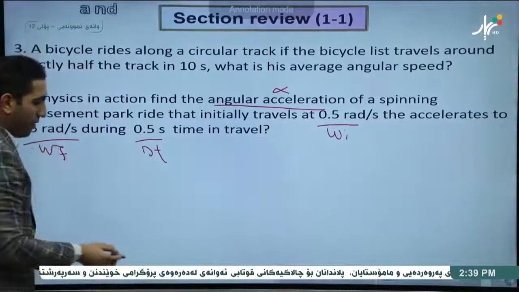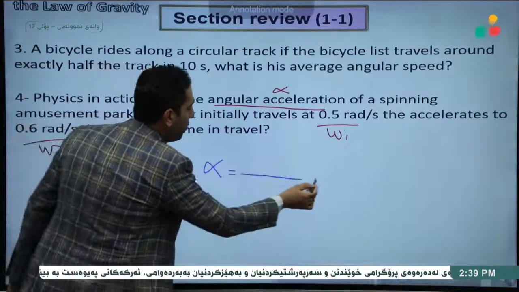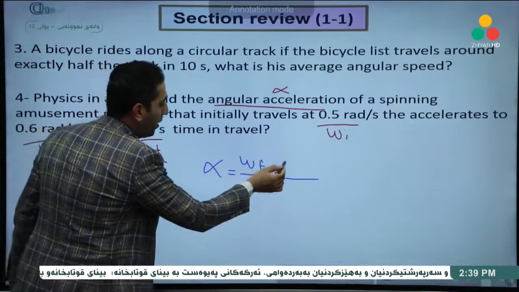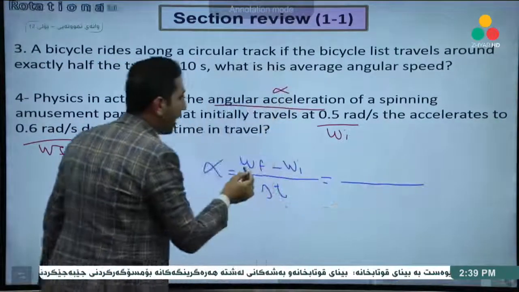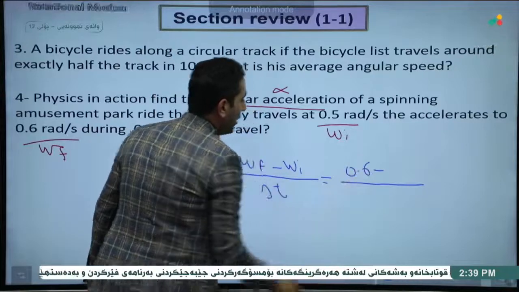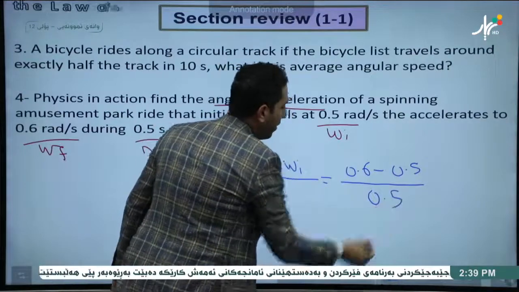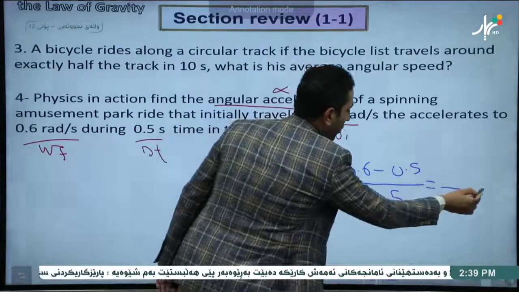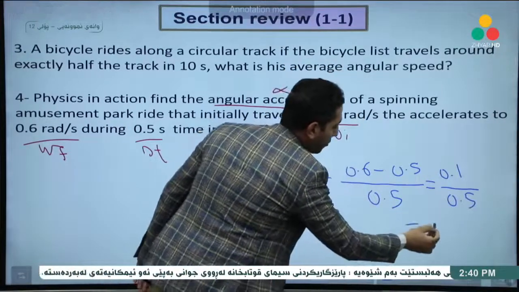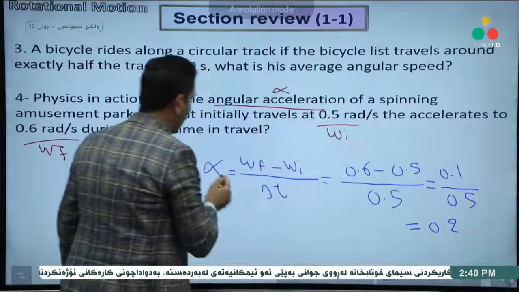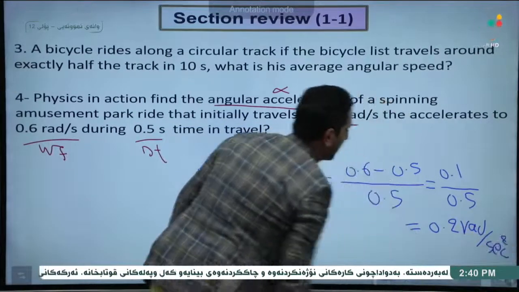It means find alpha. You know that alpha is equal to omega final minus omega initial over delta t, is equal to 0.6 minus 0.5 over the time 0.5, is equal to 0.1 over 0.5, is equal to 0.2 rad per second squared.